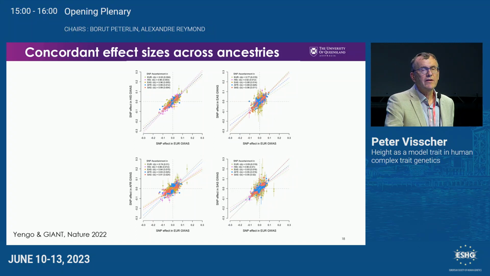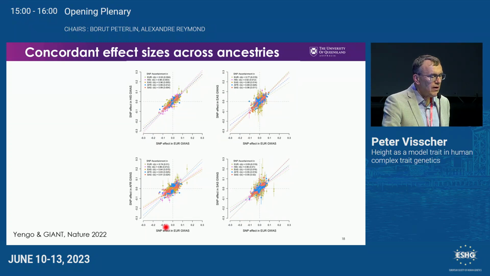So what we did in this plot, and I'll go through it in slightly more detail, is look at the correlation of the effect sizes that were ascertained in a particular ancestry, and then look at what the correlation in effect size is when you do a lookup in another ancestry, both adjusted for sampling variation.